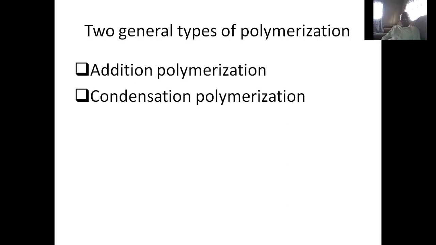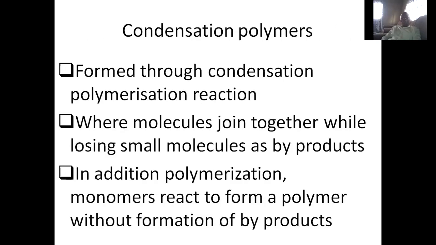For example, we can be removing water, and that's why it's known as the condensation polymerization process. And so condensation polymers are formed through condensation polymerization reaction, where molecules are joined together while losing small molecules as byproducts.